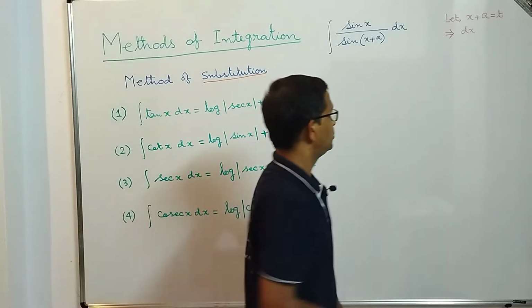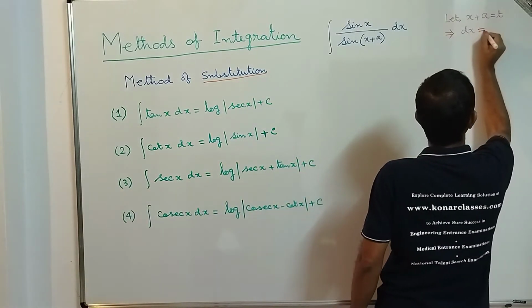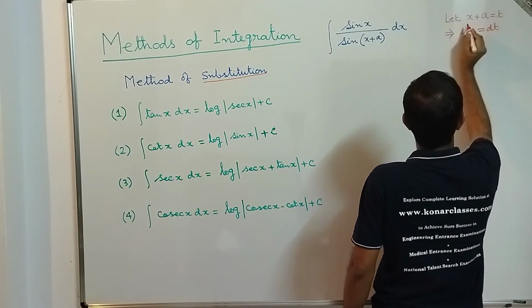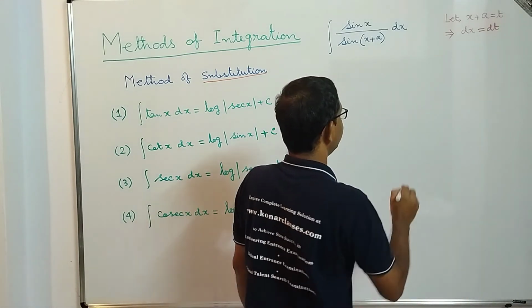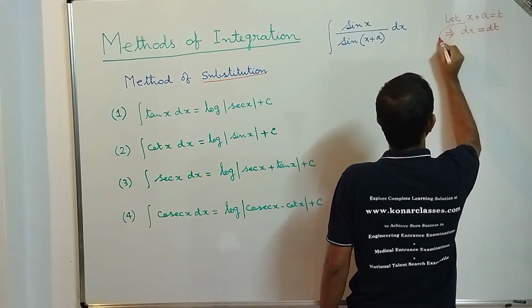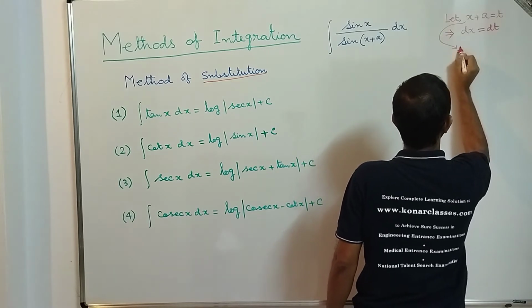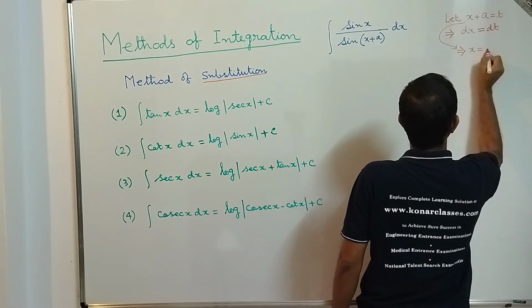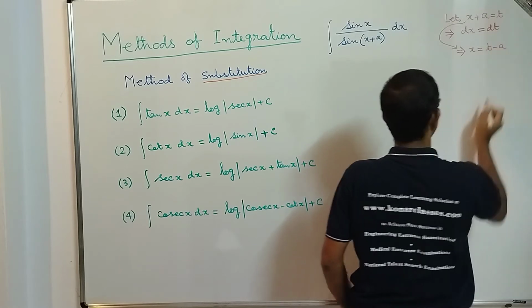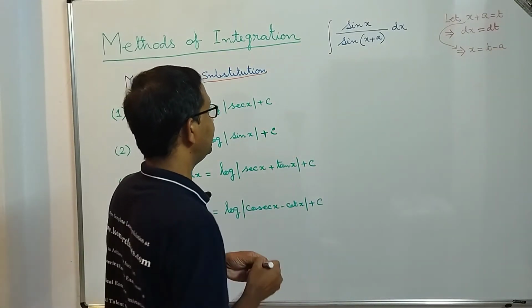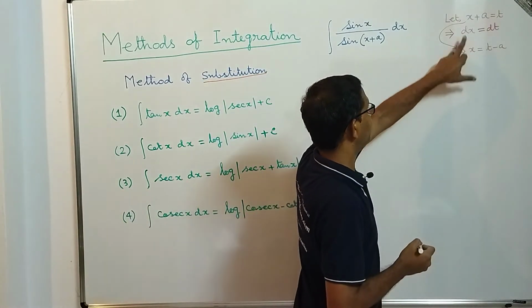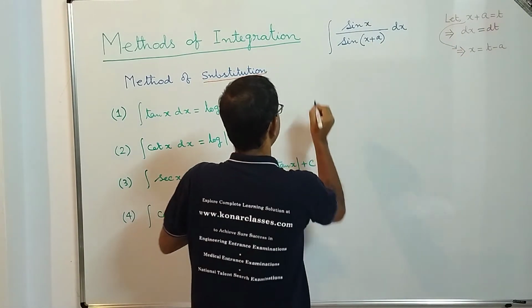And as x plus a is equal to t, x is equal to t minus a. So x is equal to t minus a and dx equal to dt, these two values we are going to apply in the given integration.